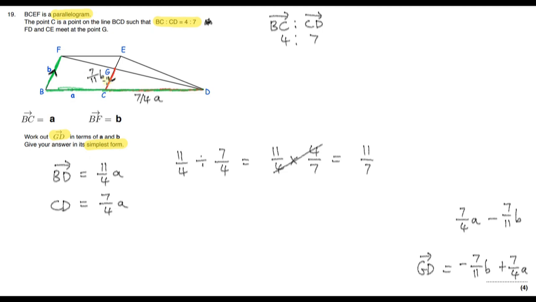Well, we know that one of them is just a scalar multiple of the other, and to work out what the actual value is, we can use the similar side lengths for the other side lengths, because we were given both of them. We knew that the long one was 11/4 A. We knew the small one was 7/4 A. So we could then work out how many times bigger and use that on these side lengths over here.